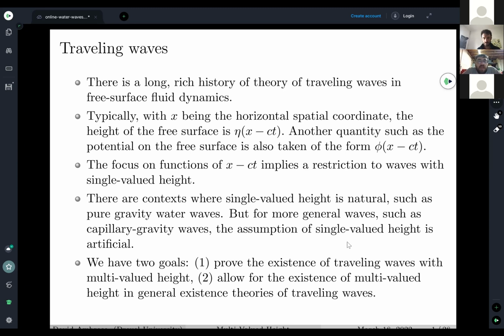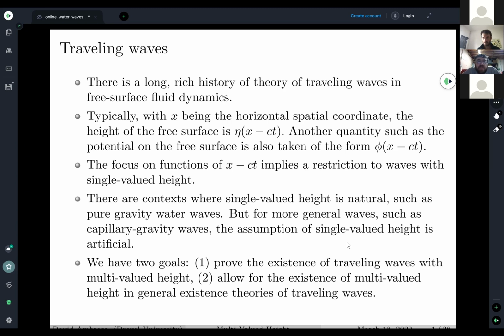So the fact that the typical formulation of traveling water waves is in terms of functions of x minus ct, the first thing that implies, kind of fundamentally, is that the quantities are functions. So eta has to be a function, and in particular has to be single valued in the overwhelming majority of works on traveling water waves.